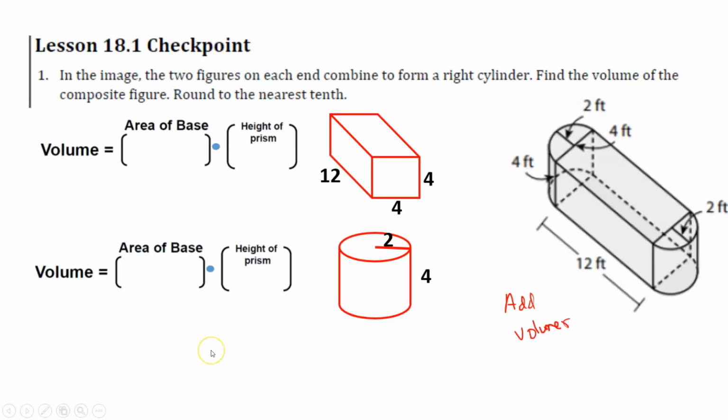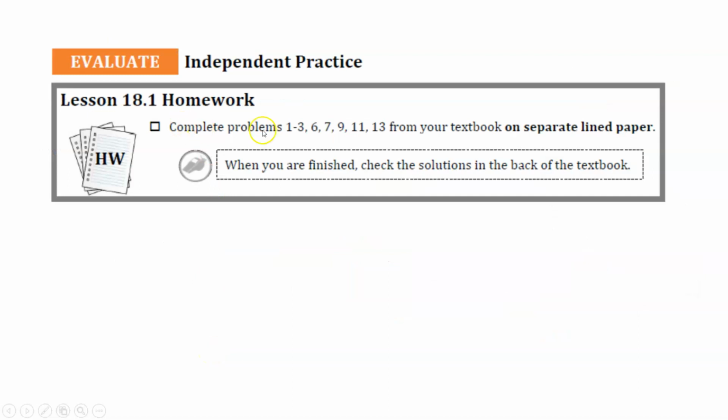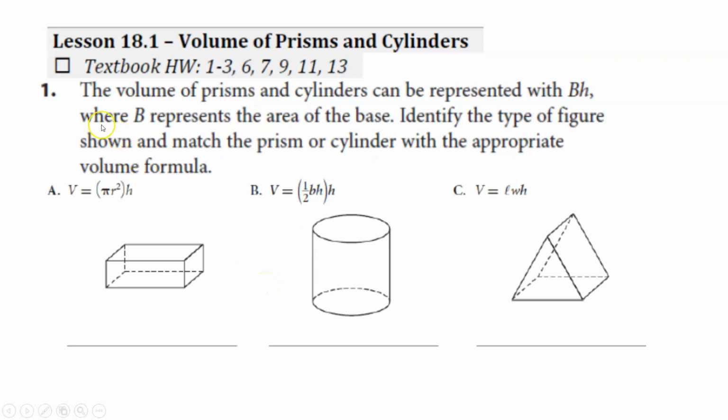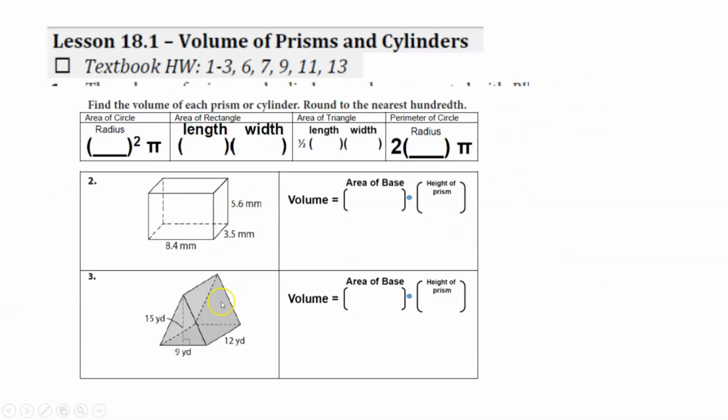Now that we've finished the checkpoint, feel free to go ahead and do the homework. It's from your textbook. There are a couple questions from your textbook. Like number 1, we're just asking you to match which shape goes with which volume formula. For numbers 2 and 3, you'll see that we ask you to find the volume for each of these shapes. And there's some support provided on screen.